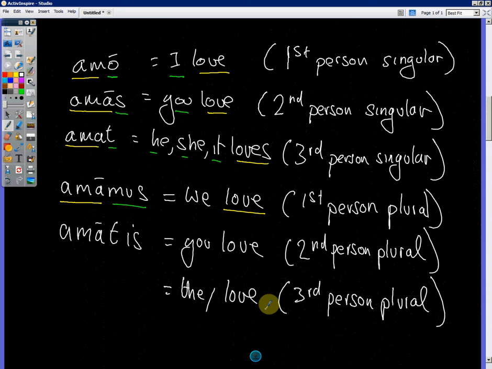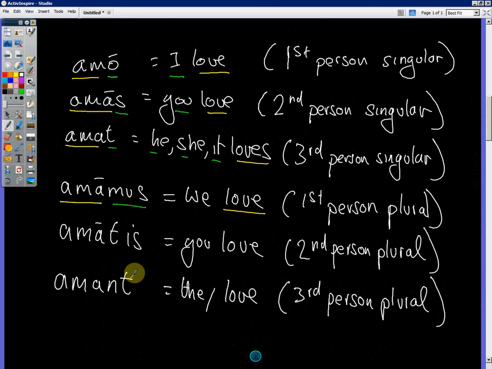We can sort of predict it, in that we know it's going to be some form of the root, the stem. Is it going to be ama with the macron? Is it going to be just am on its own as it was here? Or is it going to be ama without the macron? Let me tell you that it's ama without the macron, and they just put nt on the end.